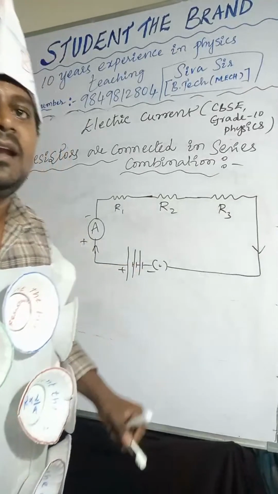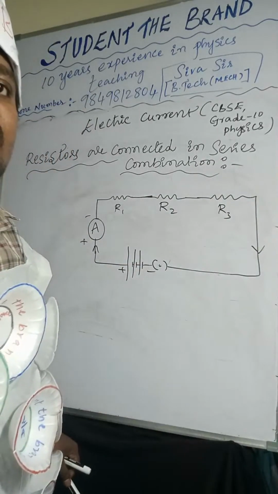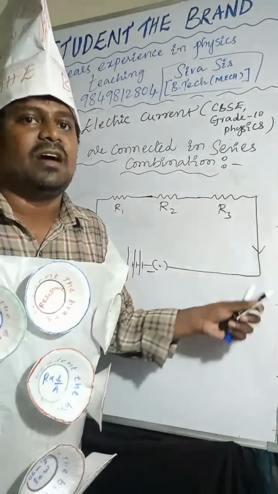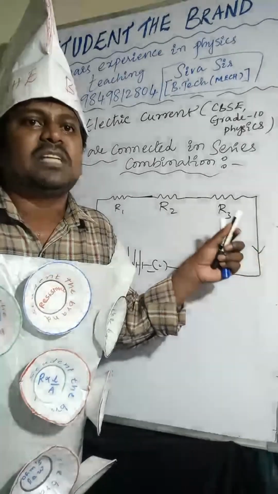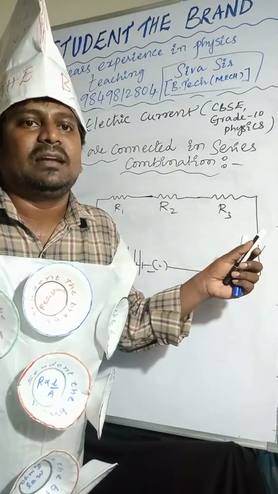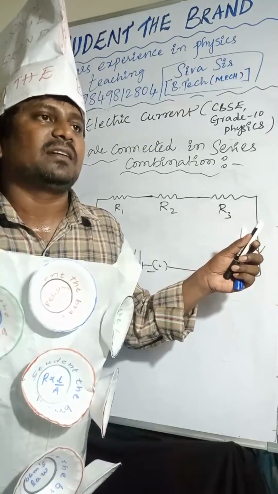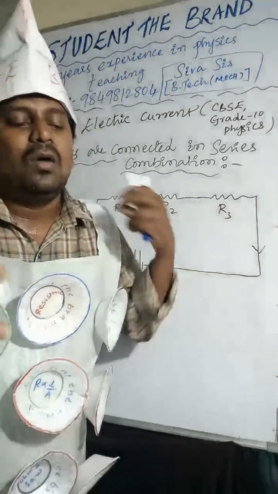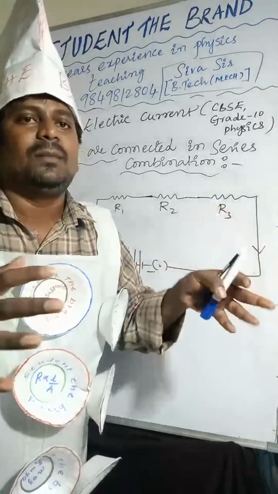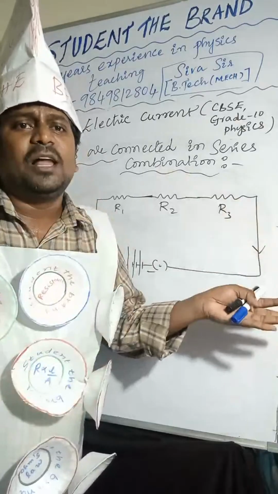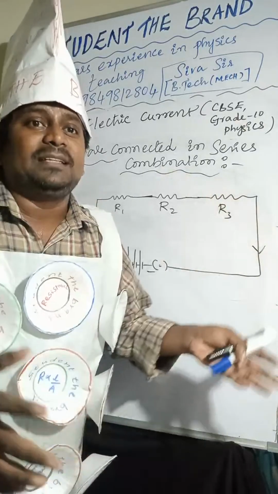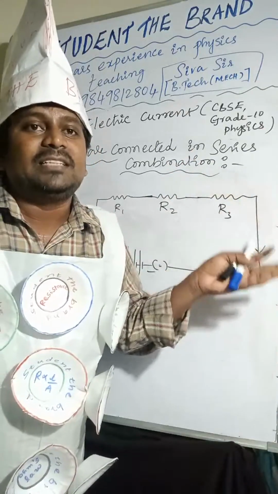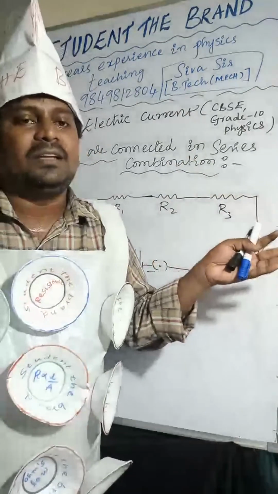Series and parallel is nothing but the way resistors are connected. Normally in your house, how are the bulbs connected? In a factory and function hall also, how are the electrical appliances connected? Based on that, we have series and parallel.